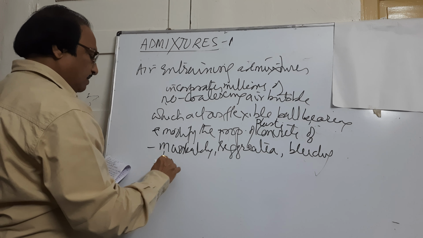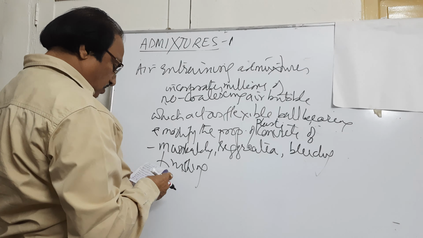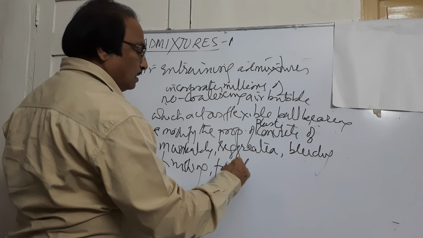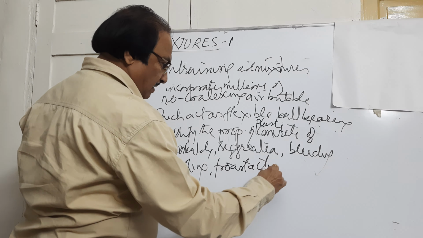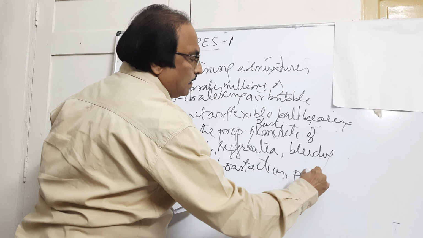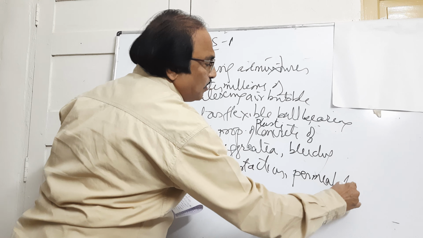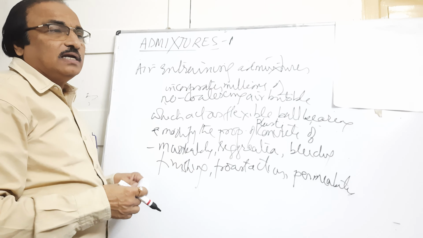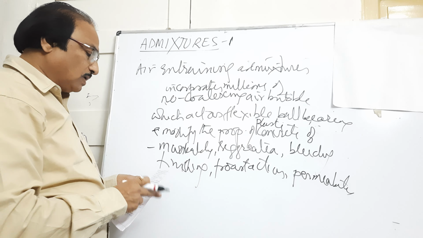These are the properties we have seen for fresh concrete. And frost action, permeability, all the properties of concrete in the fresh state get improved, so that it becomes very workable concrete.